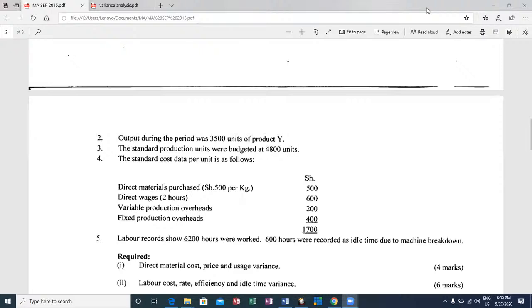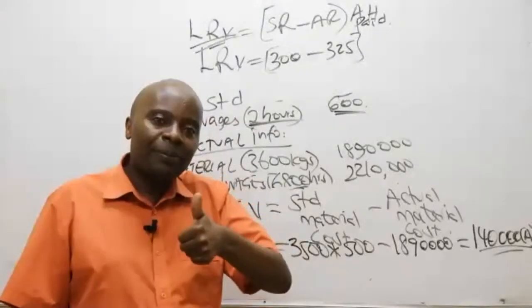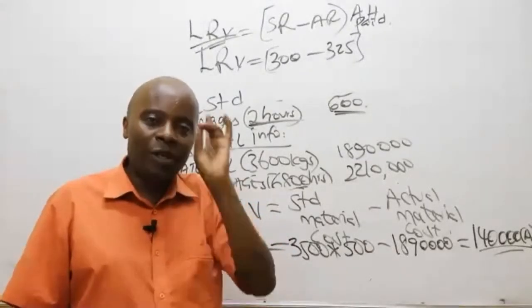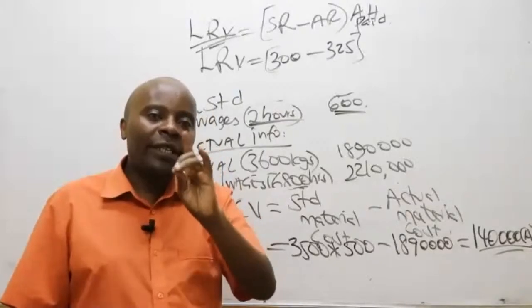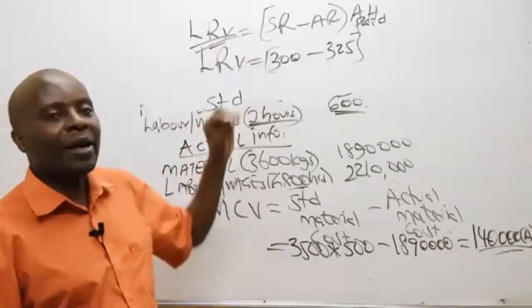Ladies and gentlemen, we only make use of actual hours paid while computing the labor rate variance. If I were you, I would have written this somewhere in my mother tongue. These actual hours paid, we only use them in one area alone, while computing one type of variance alone, which is the labor rate variance.